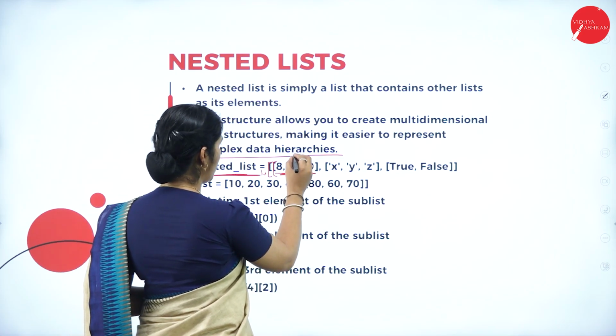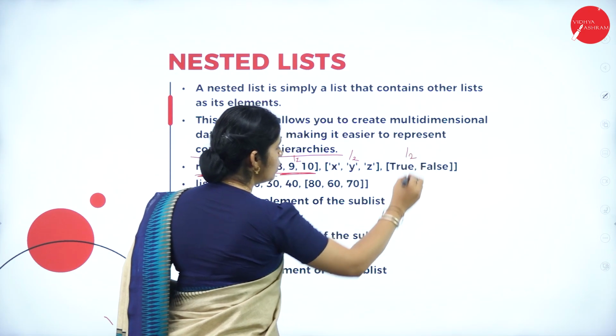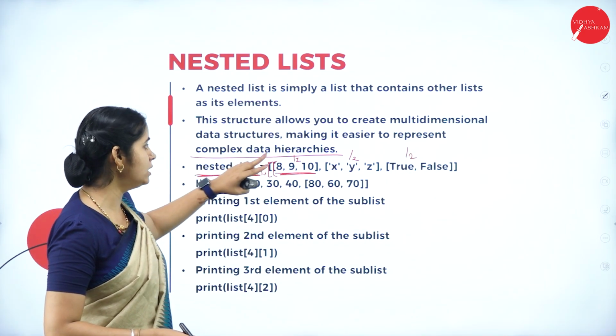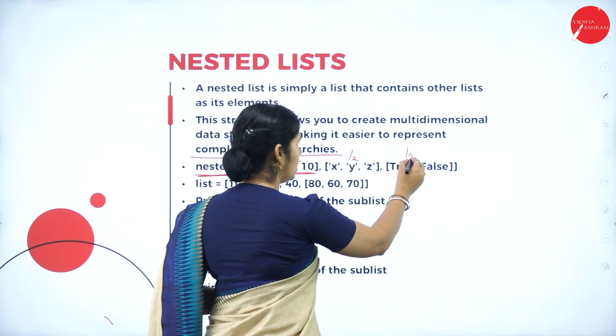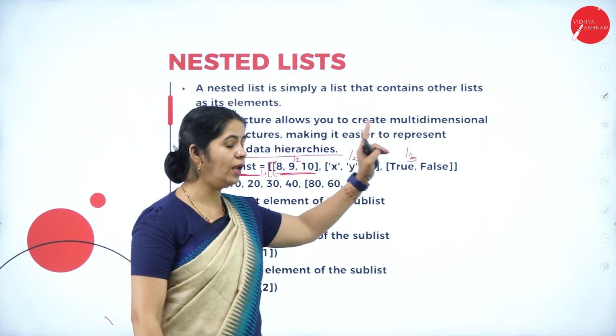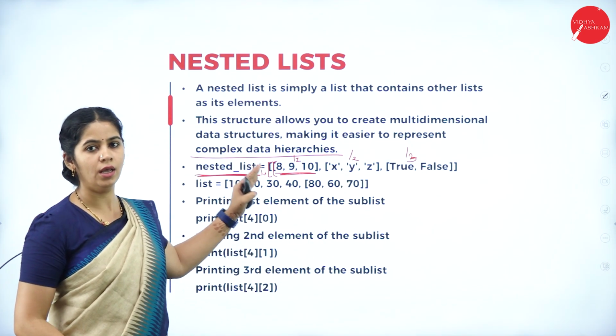Say I'll give the values L1, L2 and L3. So how many lists are nested within the nested list? Three lists are nested here, L1, L2 and L3. These three lists are the elements of the nested list.